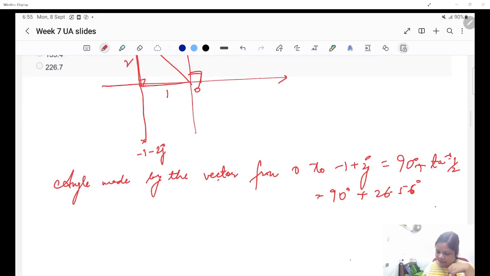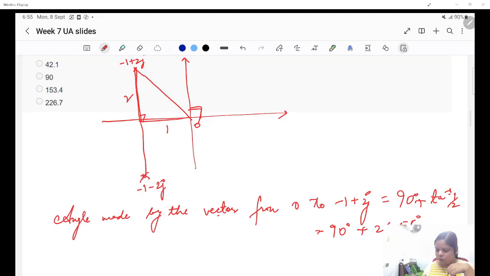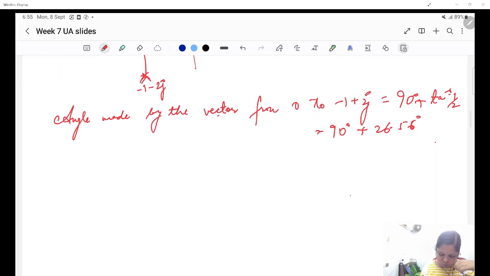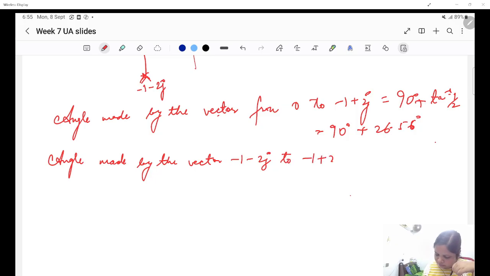Now let's check for this pole, what is the angle this pole is making with -1 plus 2j. Angle made by the vector from -1 minus 2j to -1 plus 2j.